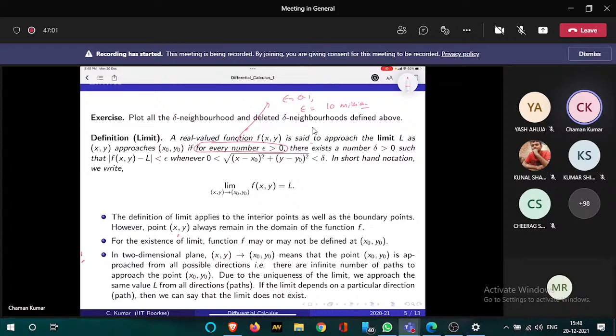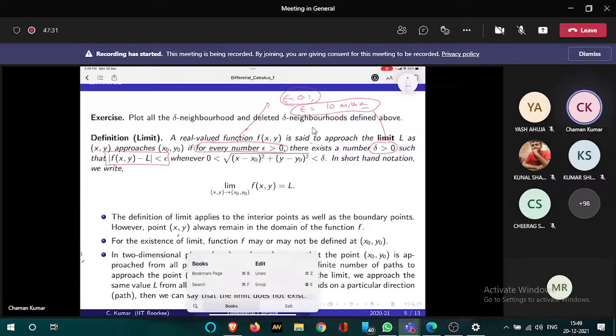So how many epsilons are there? An infinite number of epsilons. Except 0, you consider all possible positive epsilons. So for every epsilon, there exists a delta. Whatever epsilon you have chosen, for this epsilon you will always get a delta such that the distance of the function from L is less than epsilon.